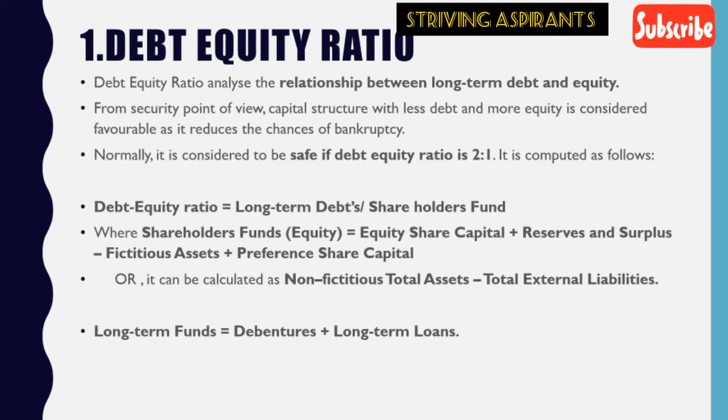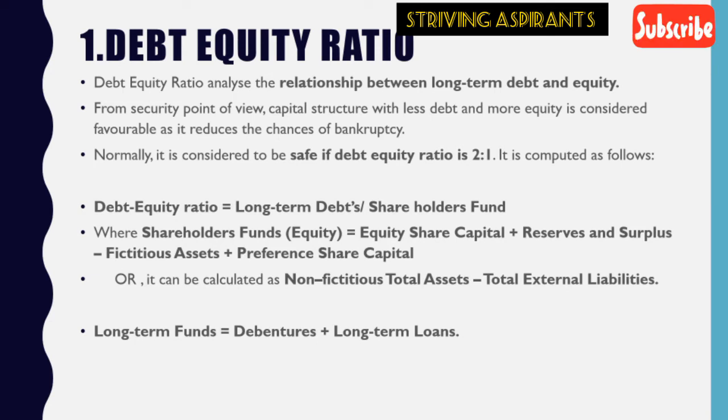And calculation for shareholders fund or equity equals equity share capital plus reserves and surplus minus fictitious assets plus preference share capital. Or equity can be calculated as non-fictitious total assets minus total external liabilities.